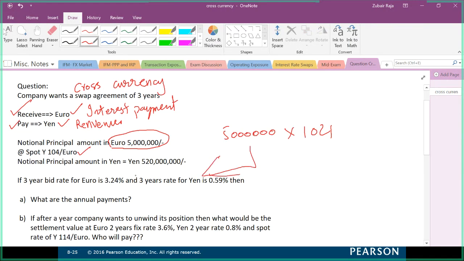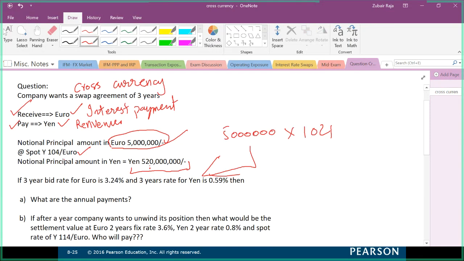So they'll keep paying the interest payment to the swap dealers in yen, and that payment will be calculated on the notional amount of 520 million yen. How did we calculate this? Based on the spot rate, right? We multiply the spot rate with the notional principal of euro, because this is the principal payment on which this party needs to make the interest payment, right?